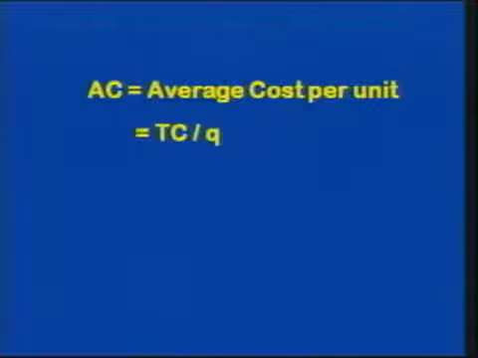Then a very related and also important concept is average cost. It's very simple to calculate. You just divide the total cost by the quantity. It tells you, on each unit of the output, how much the cost is. Okay?